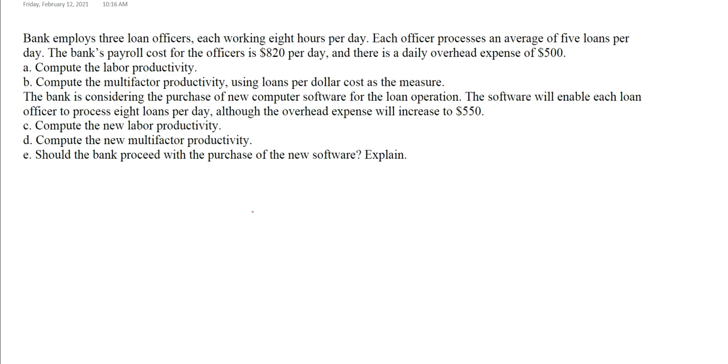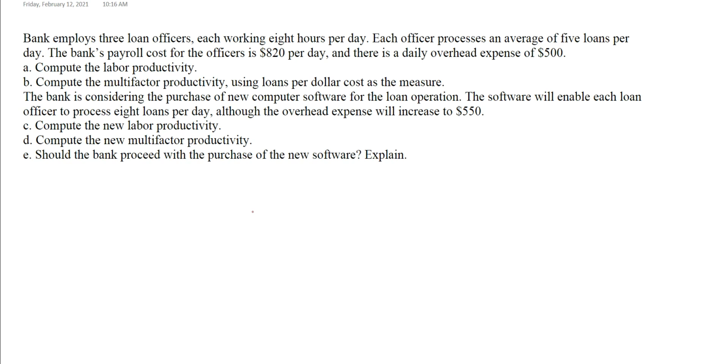So there you need to calculate, after applying the software, the new labor productivity, compute the new multi-factor productivity, and the last sub question is: should the bank proceed with the purchase of new software, or without purchasing the software is it okay? So how can we decide we need to proceed with the software?